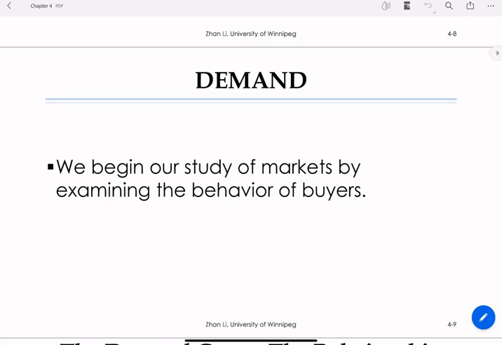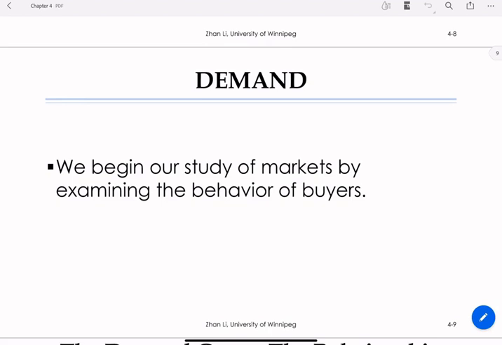Remember that we talked about opportunity cost, production possibility frontier, positive and normative analysis. I also talked about different kinds of pictures, right? I talked about bar charts or pie charts, and more importantly, the chart for two related variables.